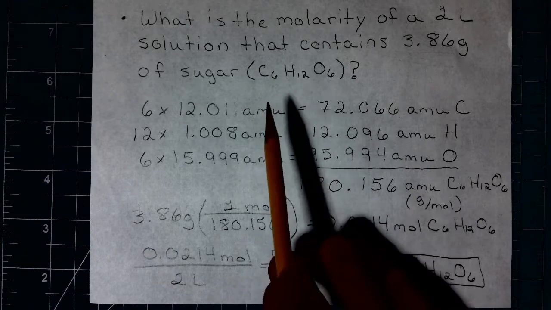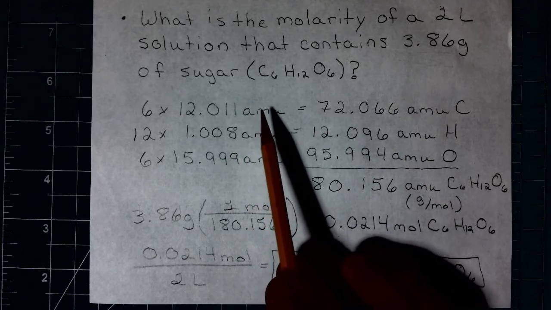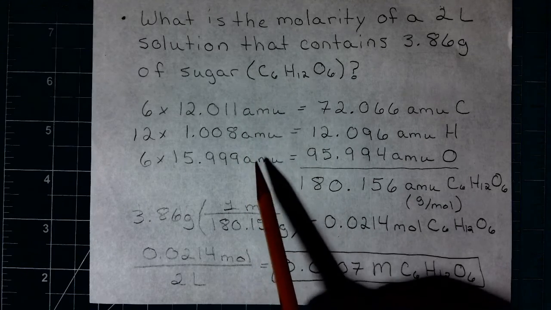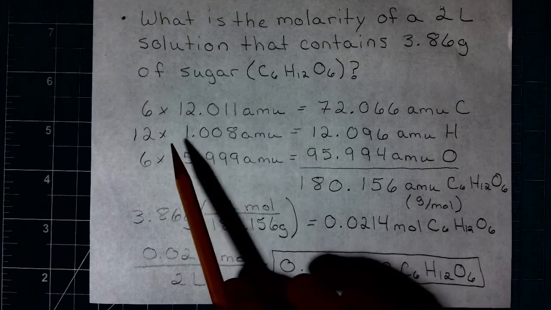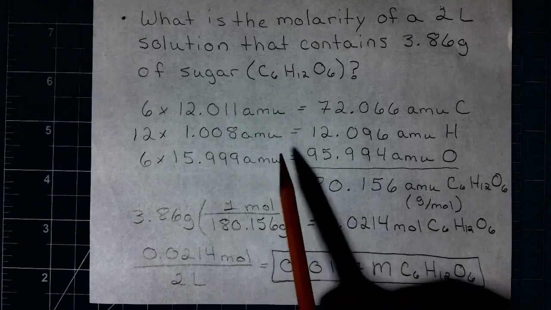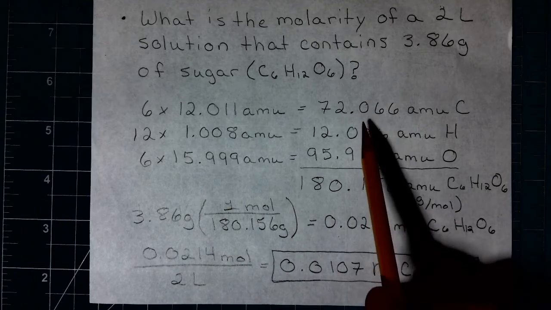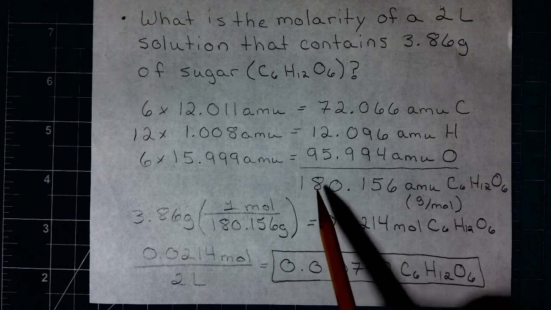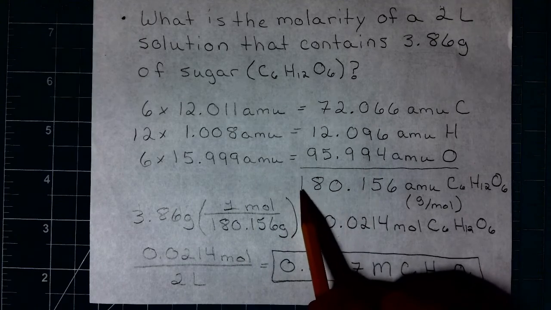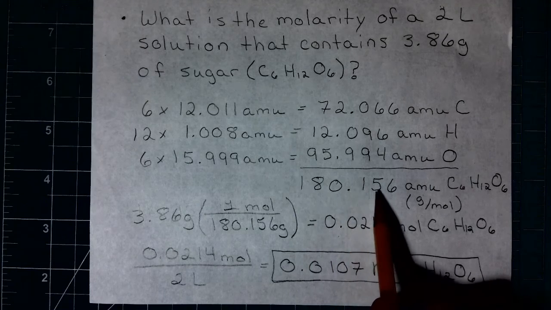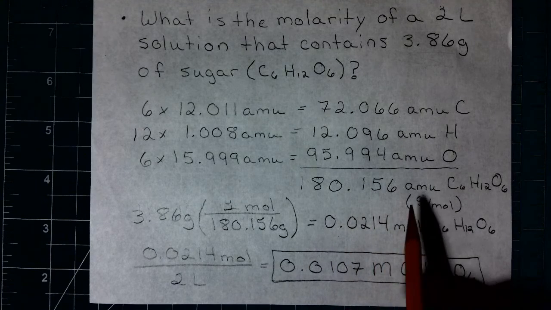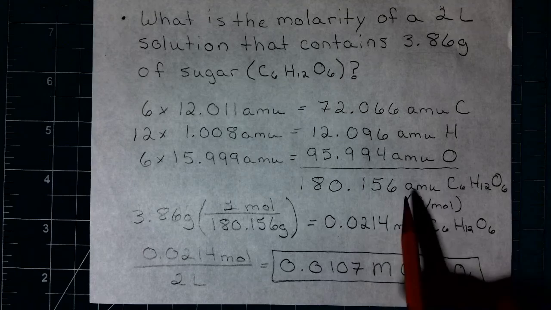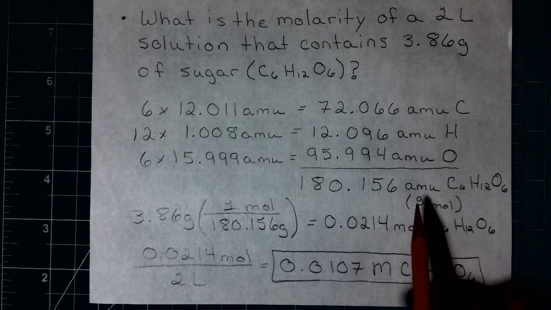We have to first calculate the molecular weight of sugar. So we have 6 carbons, 12 hydrogens, 6 oxygens, and we add up all the contributions of that. And we see that sugar has a mass of 180.156 AMU. And we know that that unit is the same as grams per mole.